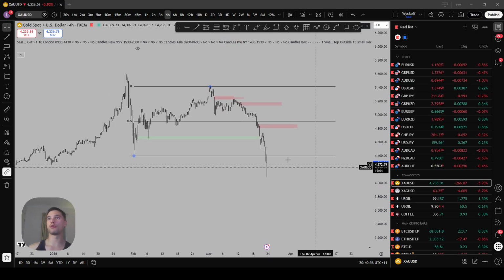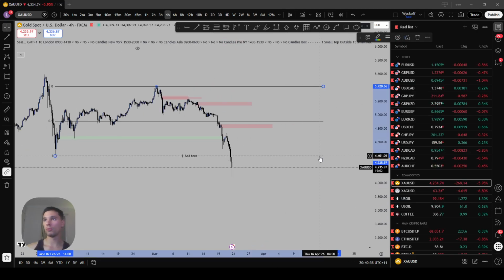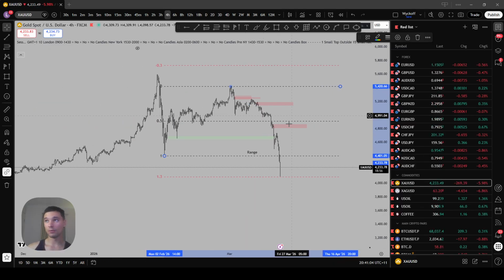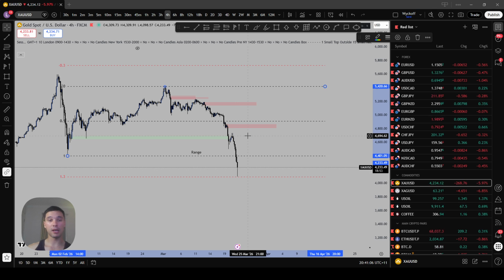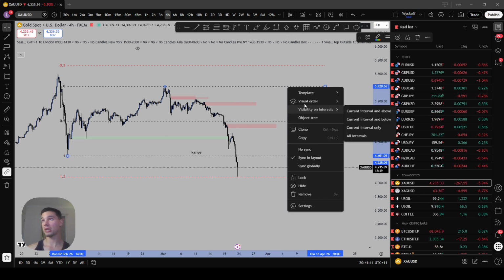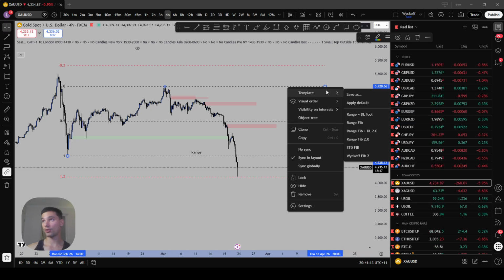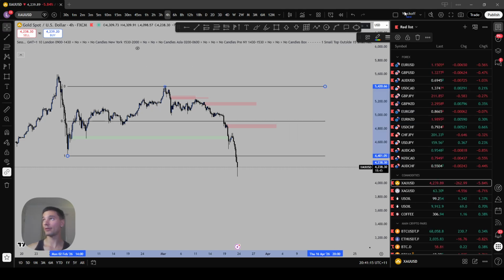Gold has just ran through this accumulation, but I think we're still within a DL2. We are just. Given we get a spike back up into this range, then I will look for an accumulation. Straight up.